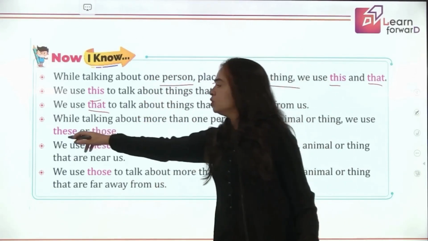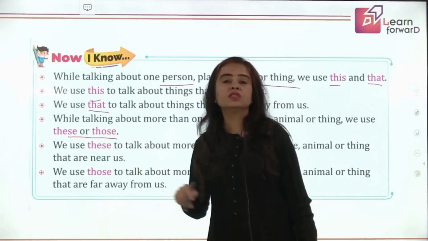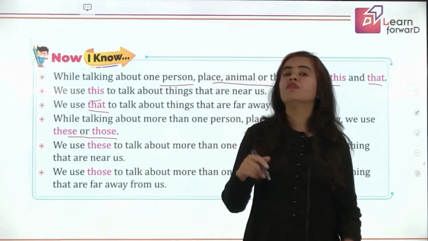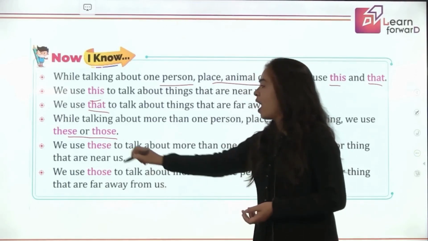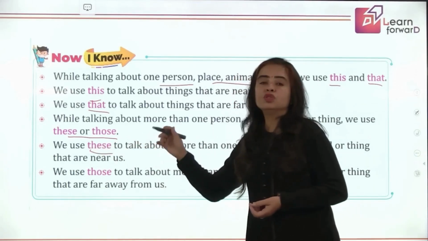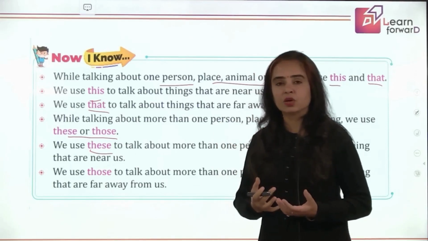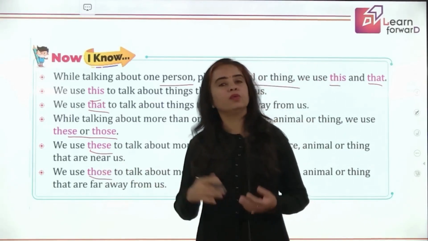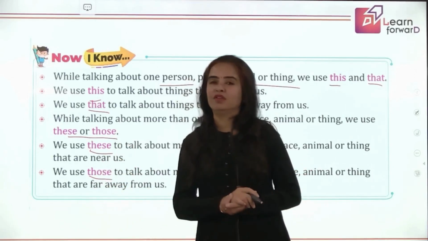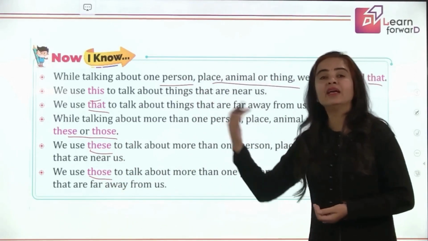Now coming to these or those, these words are used when we talk of more than one, when we talk about plural naming words, out of which these is used for plural naming words which are closer, and those is used for plural naming words which are far away from you, right? So they are at a distance.